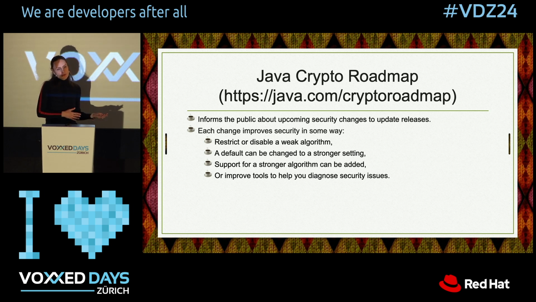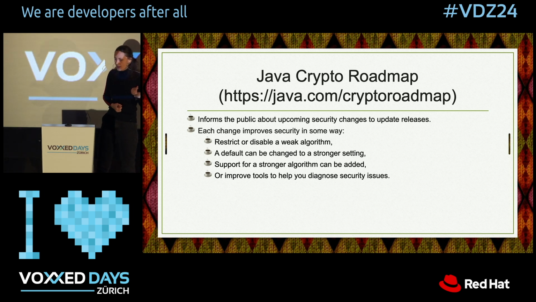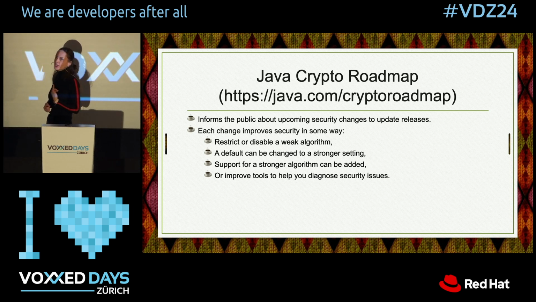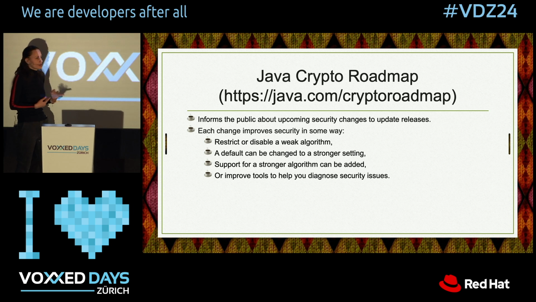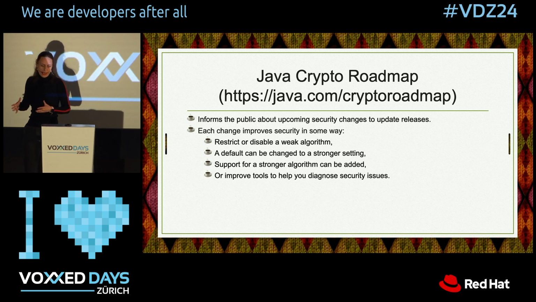Each change in the roadmap is improving security in some way. Either, as you saw earlier, restricting or disabling a weak algorithm, or a default has been changed to a stronger setting, like the enlarged key sizes for the algorithms, or support for a stronger algorithm can be added.